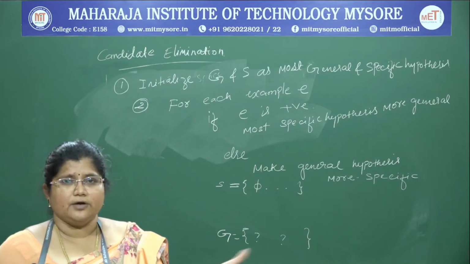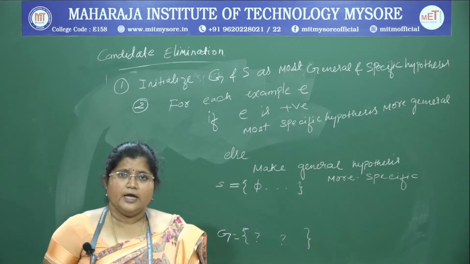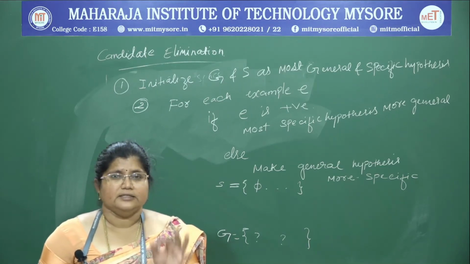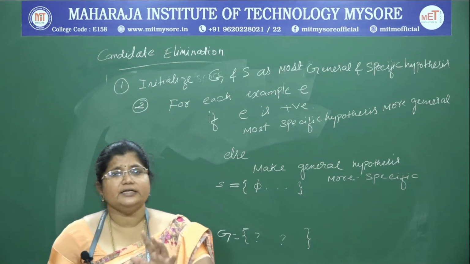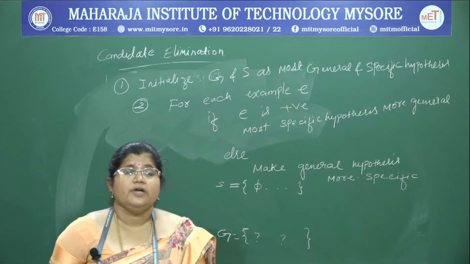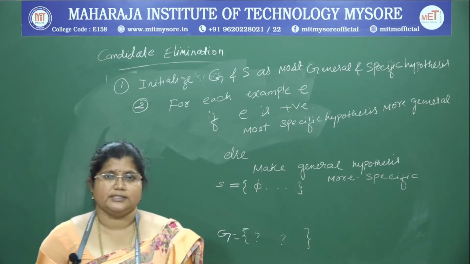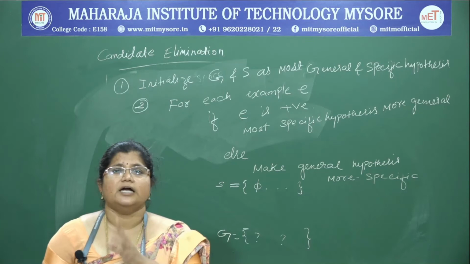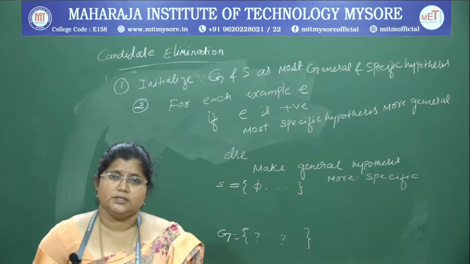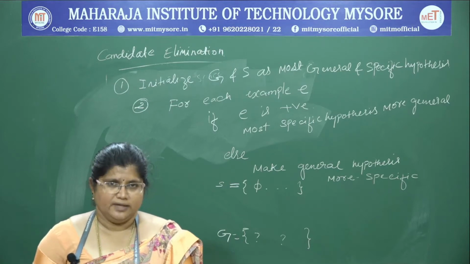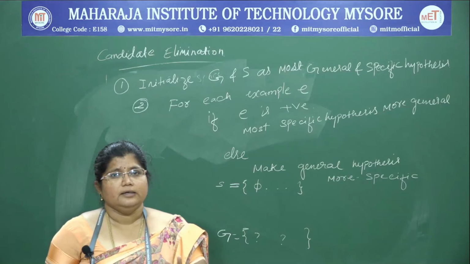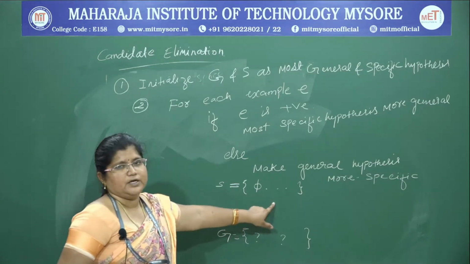The next step, according to the algorithm, is to go through the data set, that is capital D. Inside the data set, we have a number of training examples. We need to check each training example's target concept. If the target concept is positive, then we try to make the hypothesis more general from the specific.